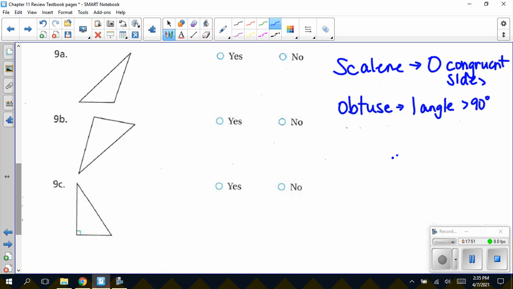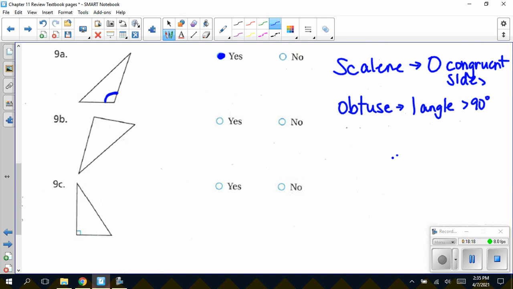So I have 0 congruent sides for A. Now I have to check to see if I have an obtuse angle. Well, if I use a corner of a piece of paper, I notice that this angle is larger than 90 degrees. So because it is larger than 90 degrees, yes, this is a scalene obtuse triangle.